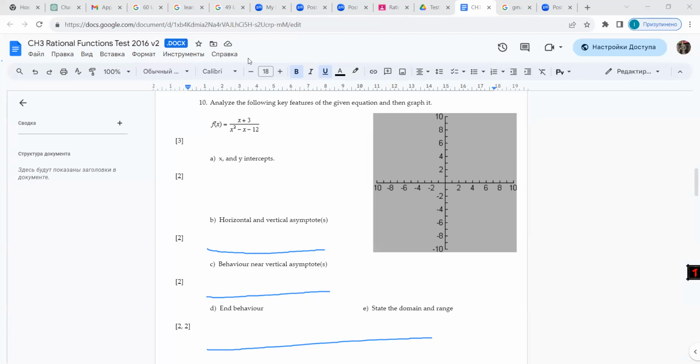Vertical asymptote. I don't see an x-intercept. Yeah, no x-intercept because of your horizontal asymptote that you listed later. In vertical asymptote, you're supposed to have one more vertical asymptote.